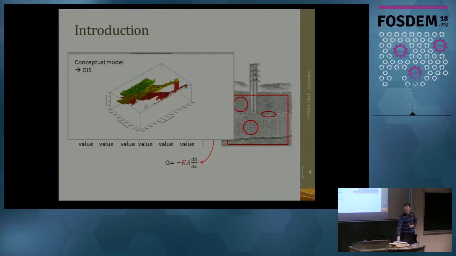Nowadays, of course, you have a lot more data. You really have plenty of data, and you have to choose between the data. Normally, I think most people use a GIS system to group all the data and build your conceptual model. Your conceptual model is something you think describes the groundwater flow for your purpose in the best way possible.